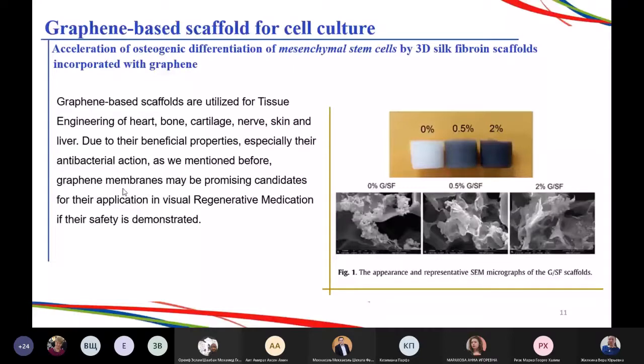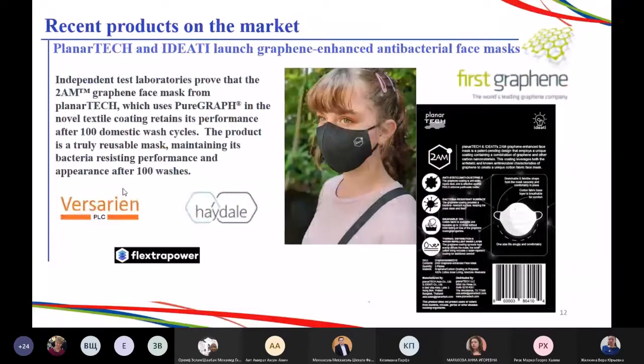And here in this slide, we can see that several companies have launched graphene-enhanced textiles, inks, and coatings incorporated into personal protective gear, such as face masks, gloves, etc., and applications like air filters and room cleansers have been developed.